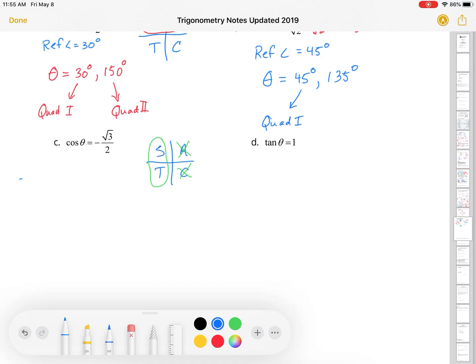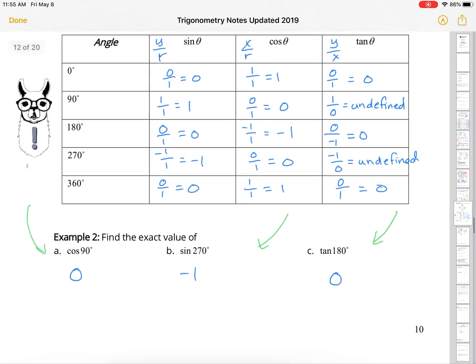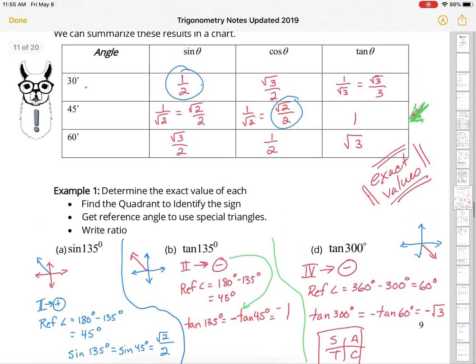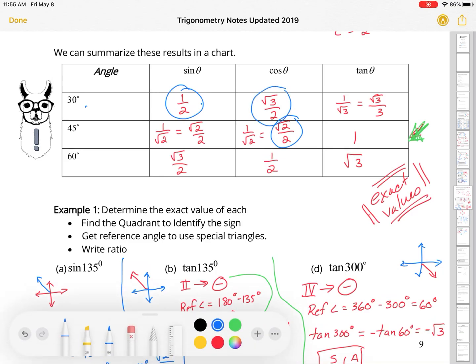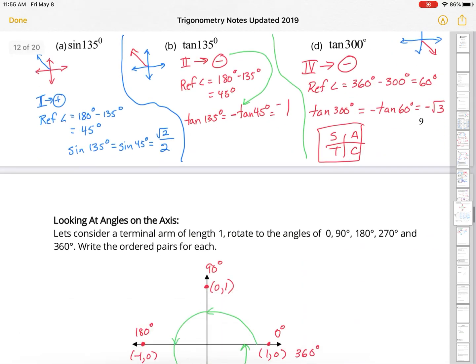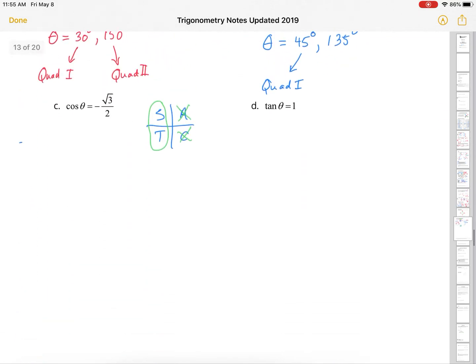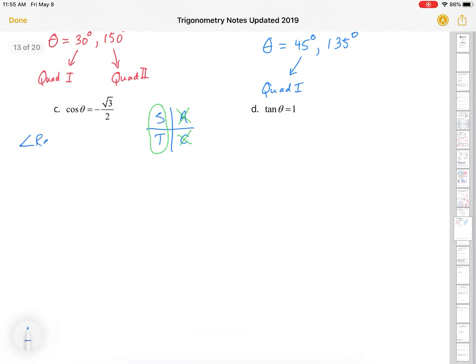Well, cos is positive in this one, and it's positive in this one, so it would have to be in quadrants 2 and 3. Okay, so looking back at our chart, if you flip back to your chart, cos is √3/2 at 30 degrees. So 30 is our reference angle, right? So our reference angle is 30 degrees, okay?